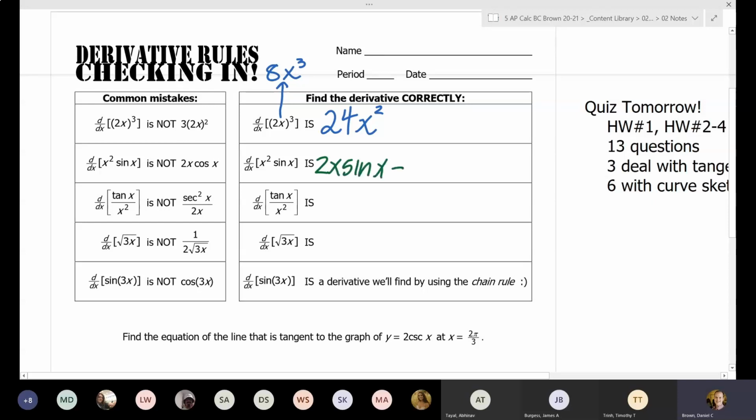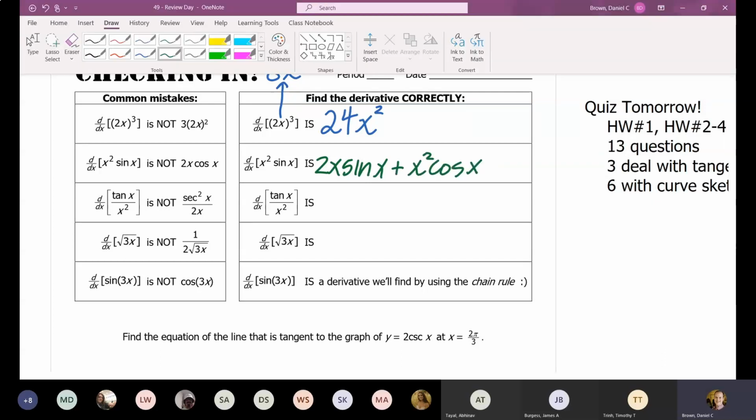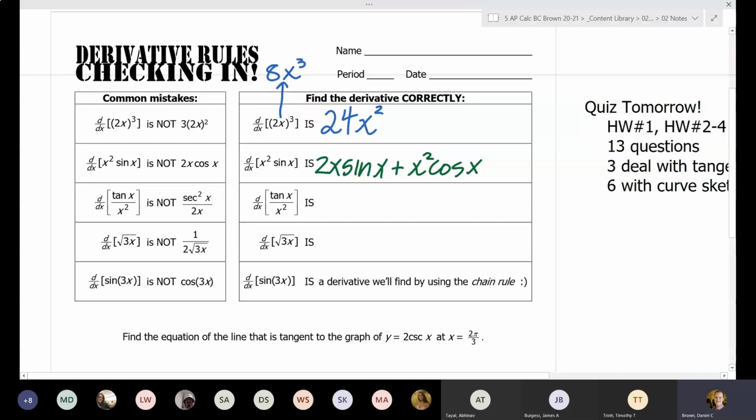So you just take the derivative of one piece and multiply it by the other, and so on. Whereas for the quotient rule, the order does matter a little bit more because you are subtracting. So we have low d high less high d low, draw my line, and down below the bottom squared will go.